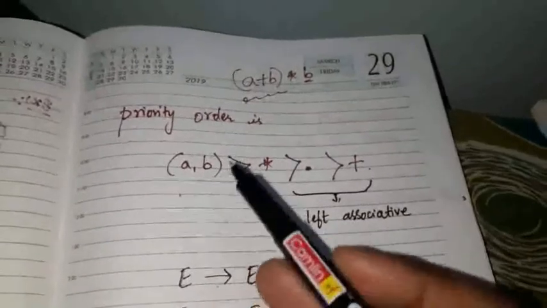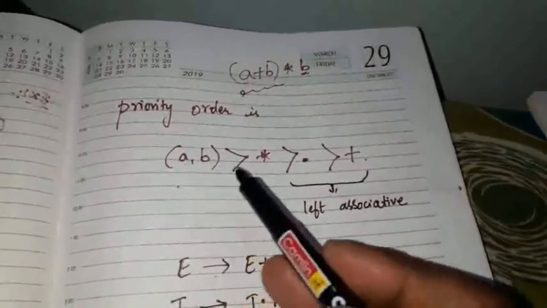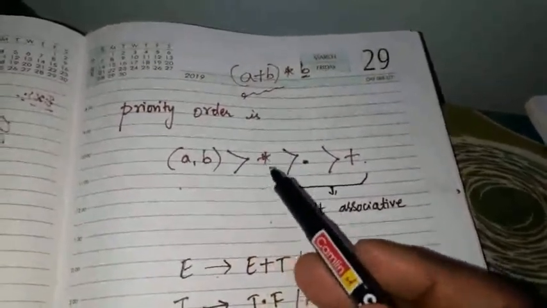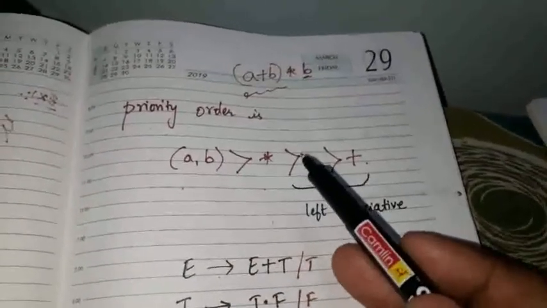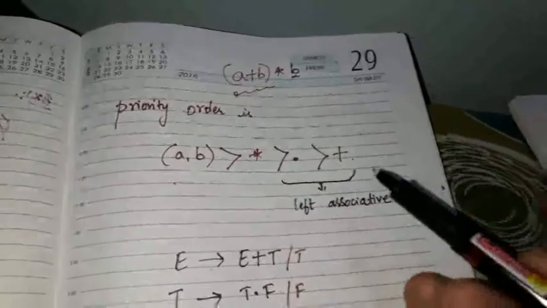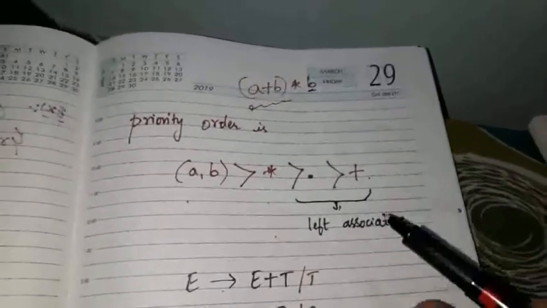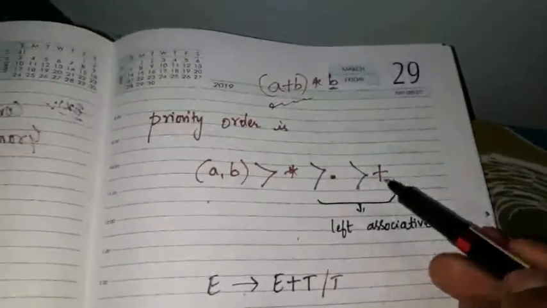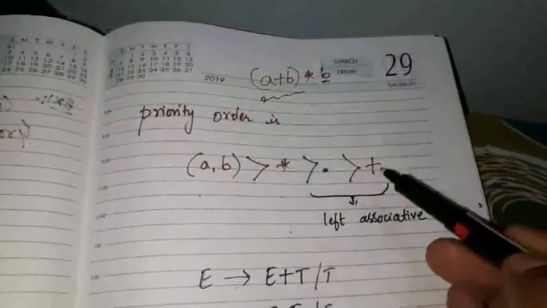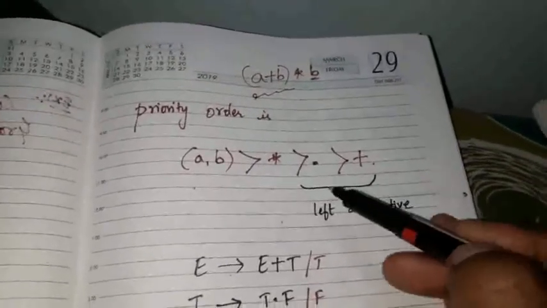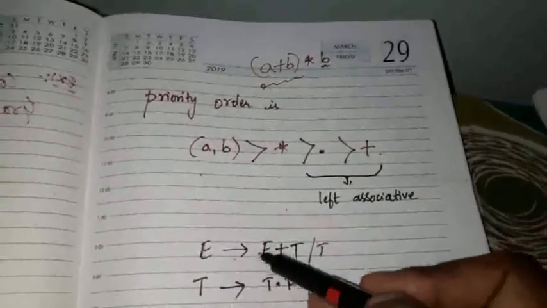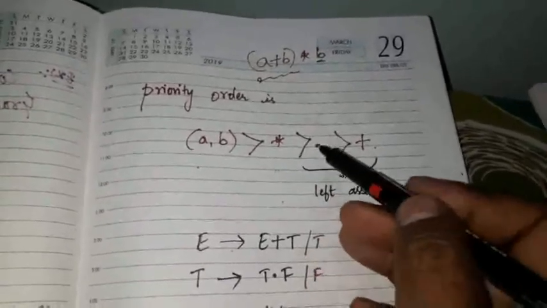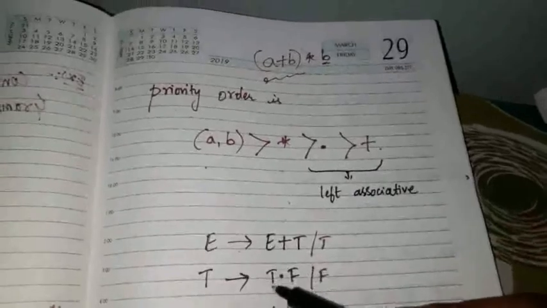So bracket is having the highest precedence, then the second precedence goes to star, then the third precedence goes to dot, and the fourth precedence goes to plus. So which are having the least precedence here? Dot and plus are having the least precedence. So we'll consider them as left associative. So here plus is left associative, and dot is also left associative.